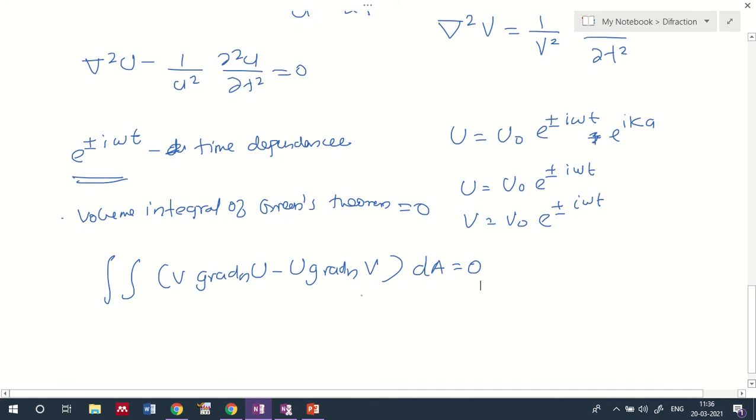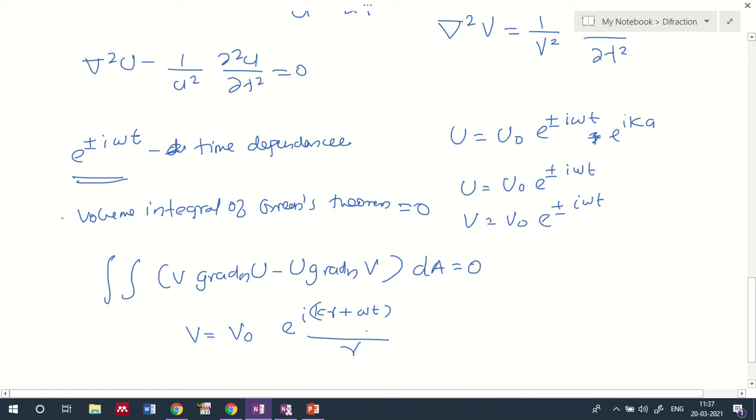And also we take that now we have a wave function which can take the form v is equal to v0 e raised to i k r plus omega t, divided by r.